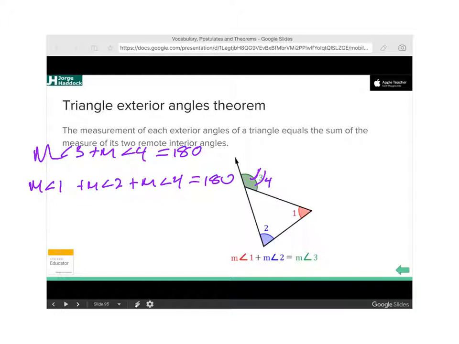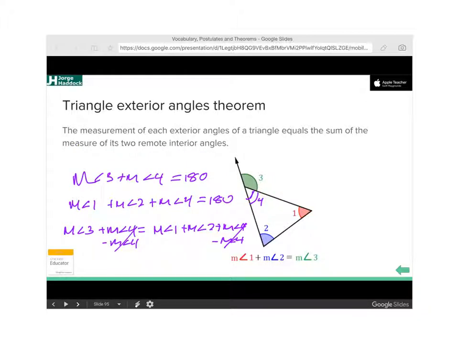So that means that angle 3 plus angle 4 equals the measure of angle 1 plus 2 plus 4. If I subtract angle 4 from both sides, I proved that theorem right there. So we're going to use those theorems now to solve a couple of exercises.